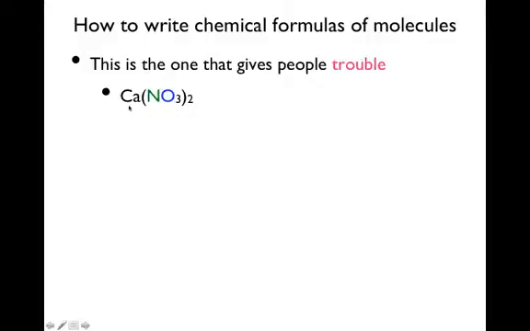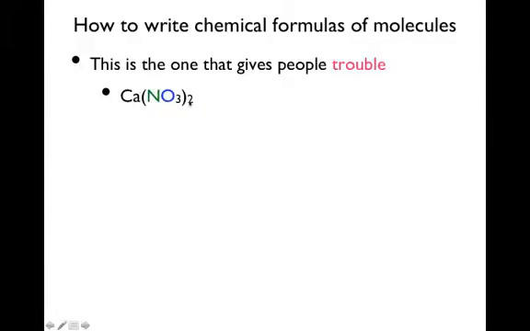The next question, which you may or may not know the answer to, is how many nitrogen atoms are in this molecule? Again, you can pause and think about this. The answer is that there are 2 nitrogen atoms. Even though there's no subscript immediately to the right of the nitrogen, it means that there's 1 nitrogen here.